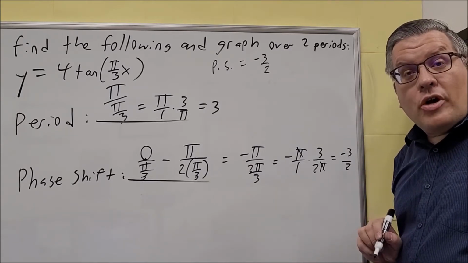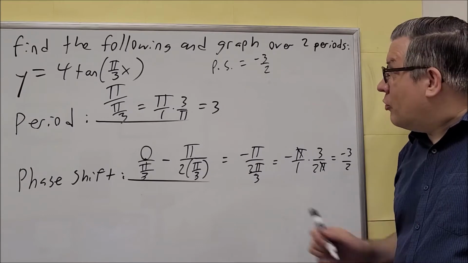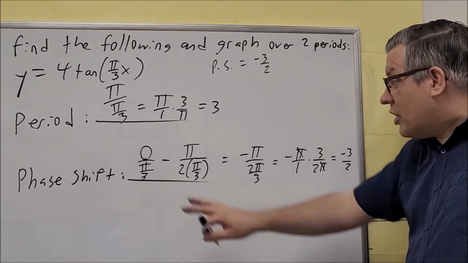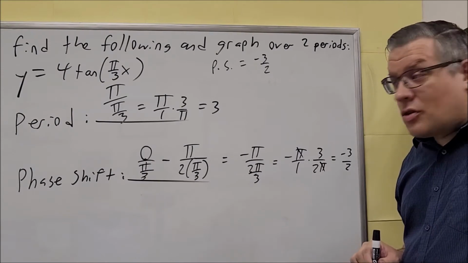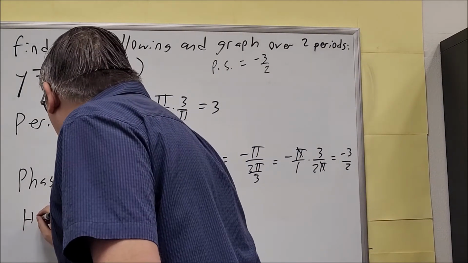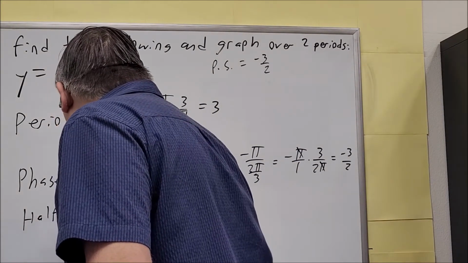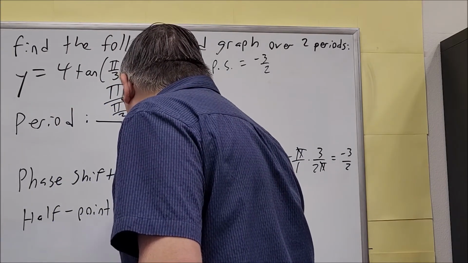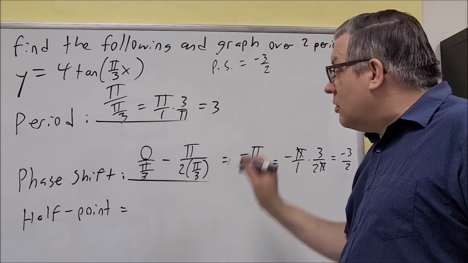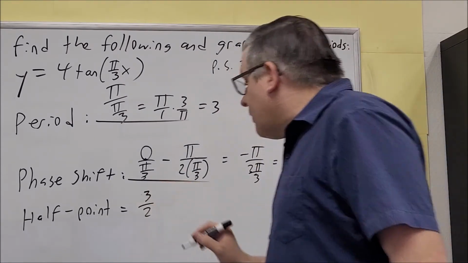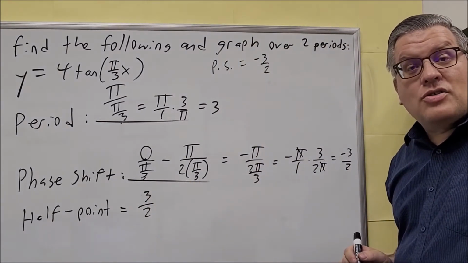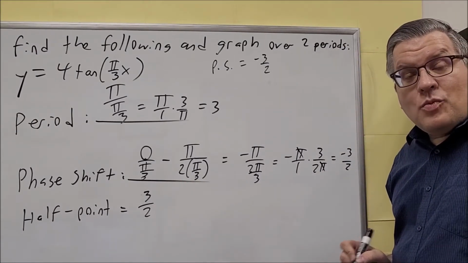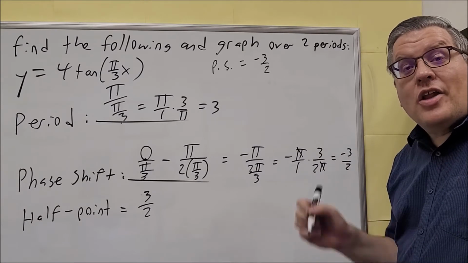Now to find the other key points, we have to find the half point. We're just going to keep adding the half point to the phase shift. Although it doesn't ask for that here, let's go ahead and find that. The half point is going to be equal to the period, which is 3, divided by 2. So in this case, your half point is going to be 3/2. What we'll do next is find the other key points.